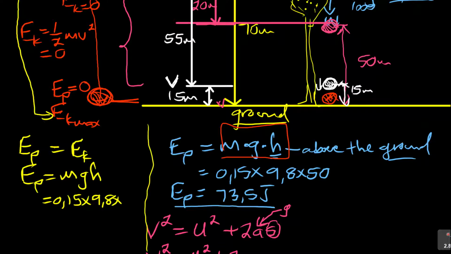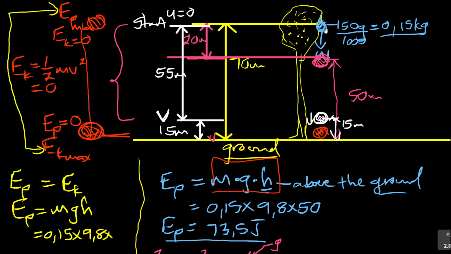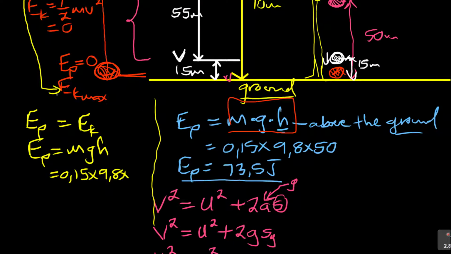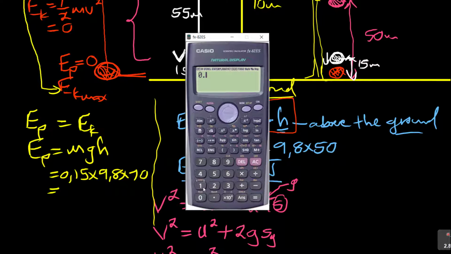And what is the height at the beginning? They told you the height is 70 meters. So you use the actual height here, 70. It will give you the potential energy at the top. So it's 0.15 times 9.8 times 70. It will give us 102.9.